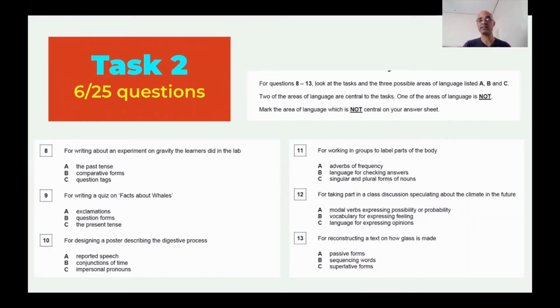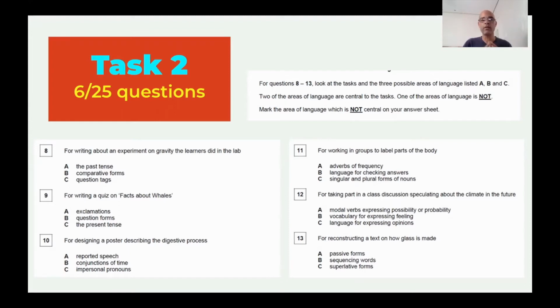A task in this case is an umbrella term because a task contains a certain number of questions from the test. So task 1 contained questions 1 through 7. So task 2 contains questions 8 through 13. And so it contains 6 out of the 25 questions in the first section of the test.